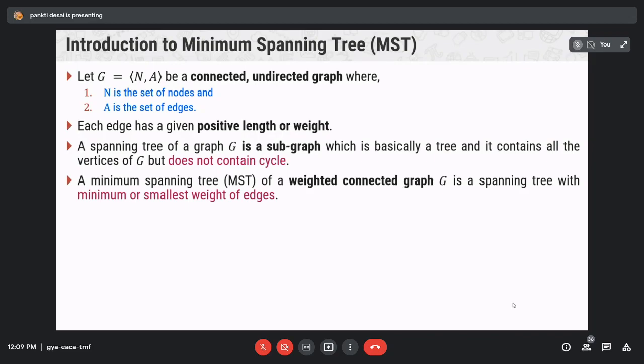A minimum spanning tree is a spanning tree of a graph G with minimum or smallest weight of edges. So this is the definition of spanning tree and minimum spanning tree. And the weight of the tree is defined as the sum of weights of all its edges.